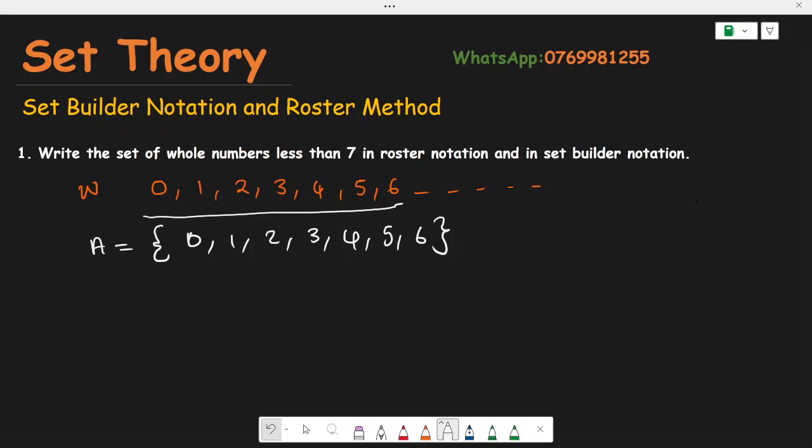So in set builder notation, we are going to say A is equal to X, and X is just representing all the numbers in this set.